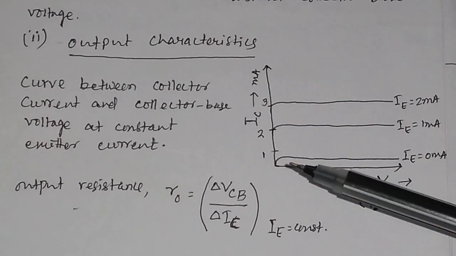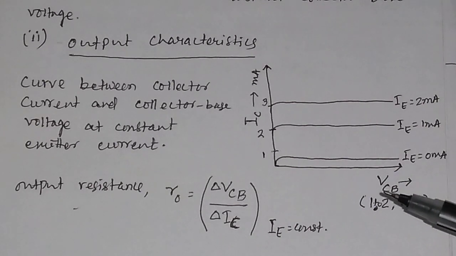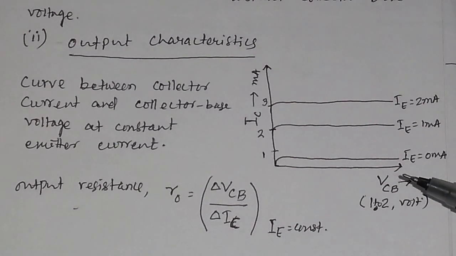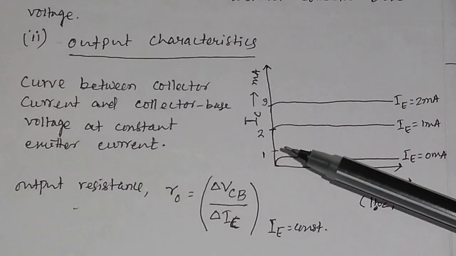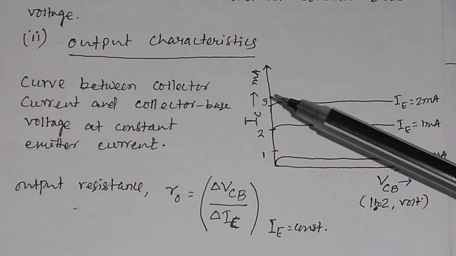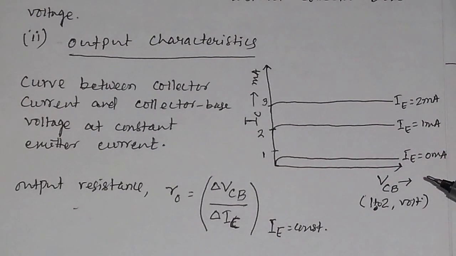This is from the biasing DC voltage, and the collector base voltage is of the order of volts. You supply 1 to 2 volts to the collector base and you find out the collector current, which will be in milliamperes.